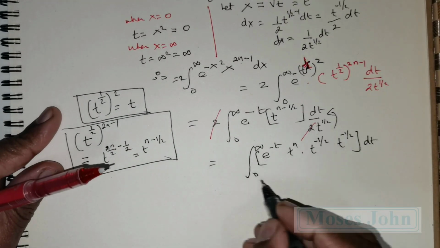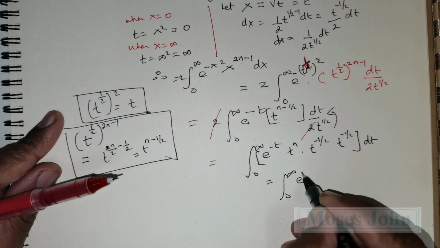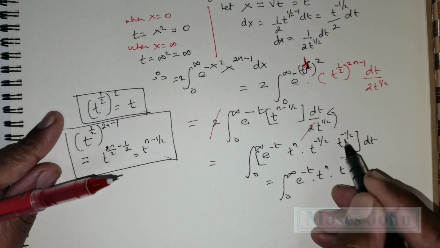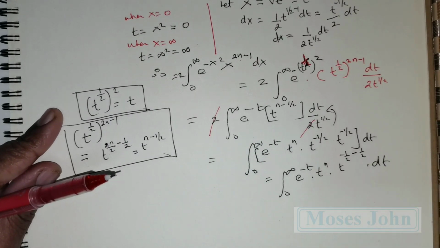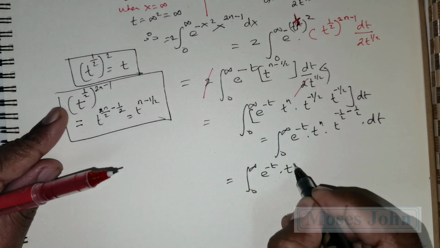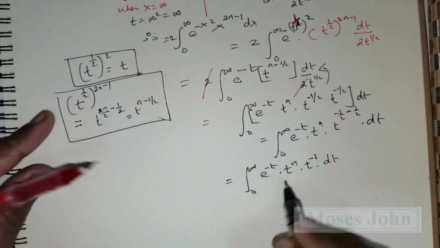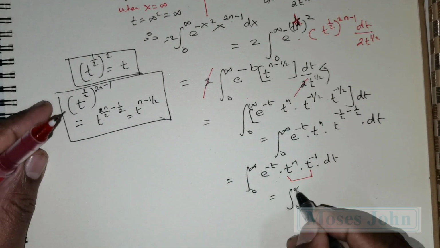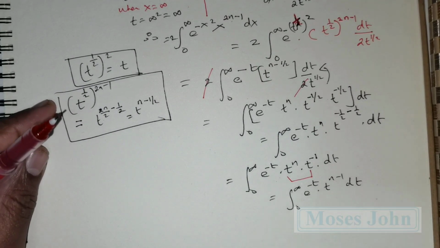So I can rewrite this entire thing as the integral from 0 to infinity of e power negative t times t power n times t power negative half times t power negative half, times dt. That gives me the integral from 0 to infinity of e power minus t times t power n times t power negative 1 times dt. Now these two can be clubbed together, giving me the integral from 0 to infinity of e power minus t times t power n minus 1 times dt.